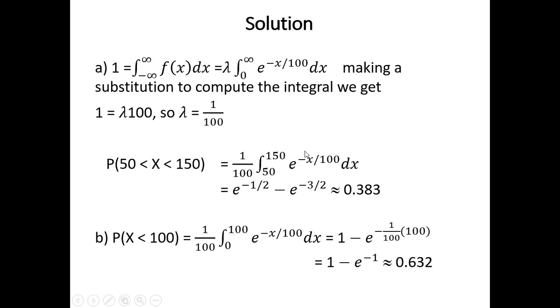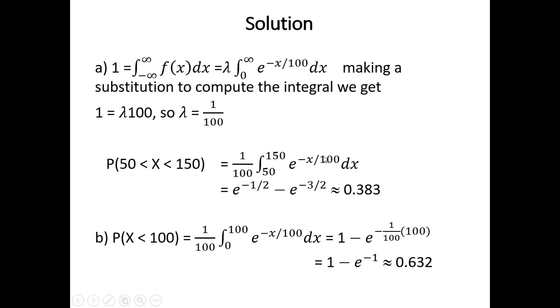So when we work this out, when I work out this integral, I'll have a minus out here. And then when we put in the 150, I'll have e to the minus 150 over 100. So that'll be e to the minus 3 halves.